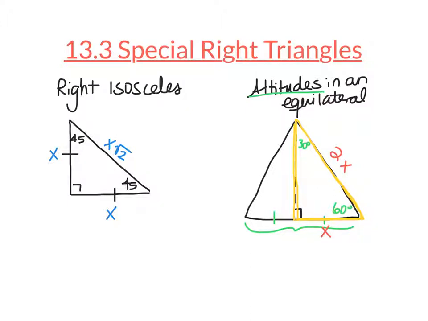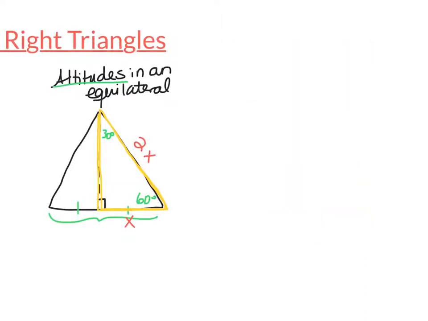Now, if we set up Pythagorean theorem, we can figure out what the relationship is for this other leg. All right, so if I do that, I'm going to set up x squared plus, I don't know the other leg, I can call it y squared, equals (2x) squared.